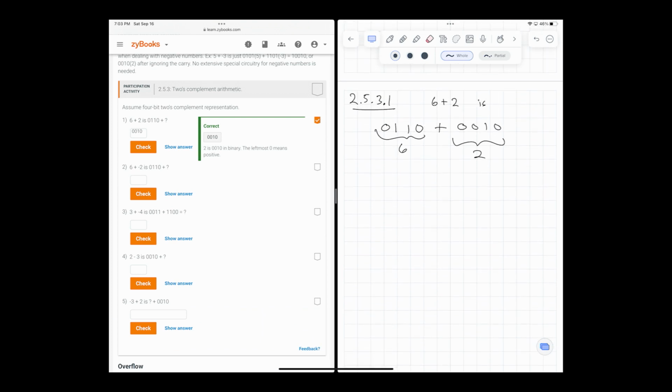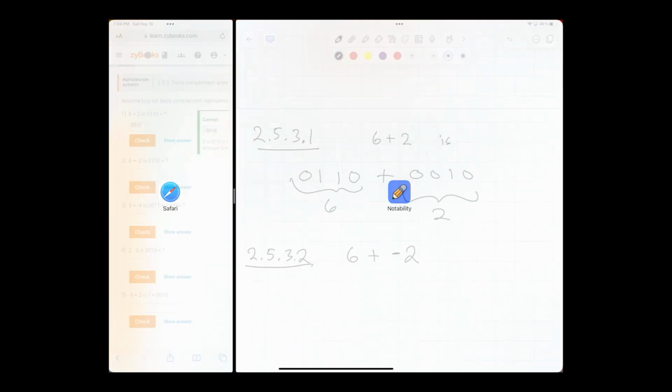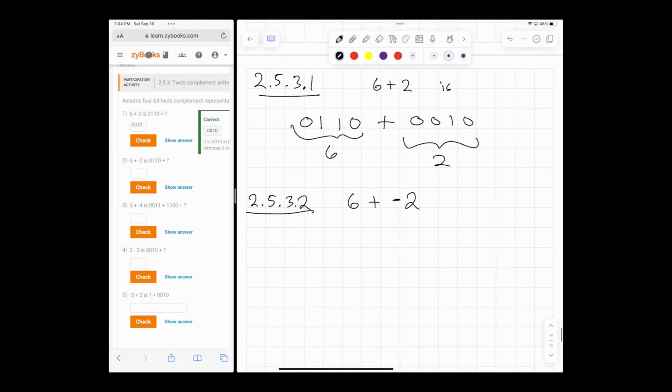Okay. So when you do the next one, 2.5.3.2, they want 6 plus minus 2, right? How would you do that? Well, the 6 is 0, 1, 1, 0.